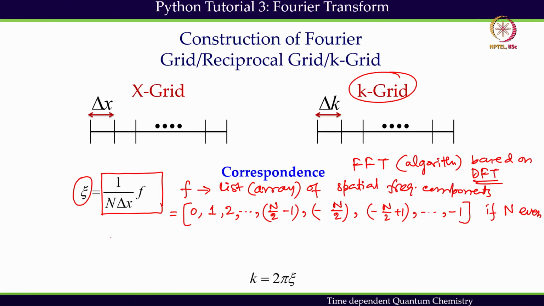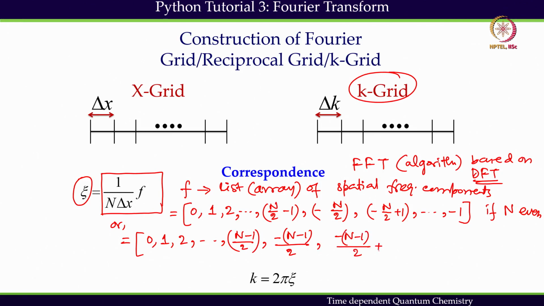Or if it is odd, then it is going to be 0, 1, 2, then n minus 1 by 2, then minus n minus 1 by 2, then minus n minus 1 by 2 plus 1, up to minus 1, if n is odd.